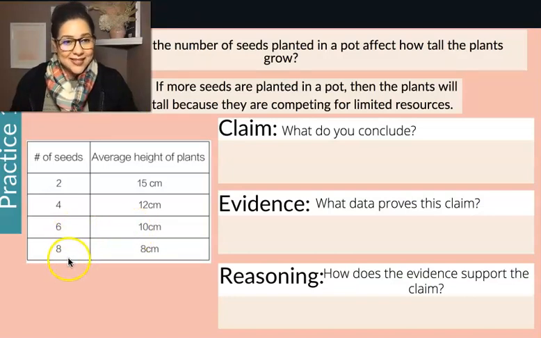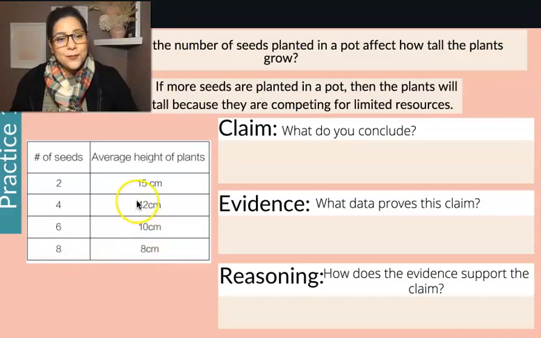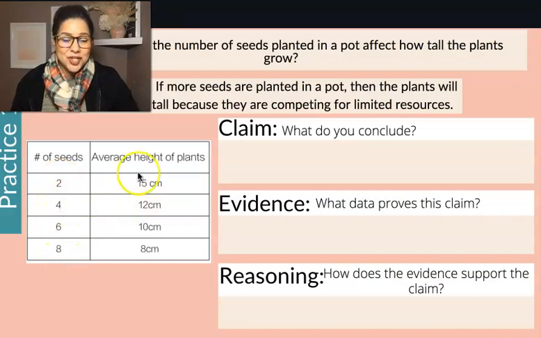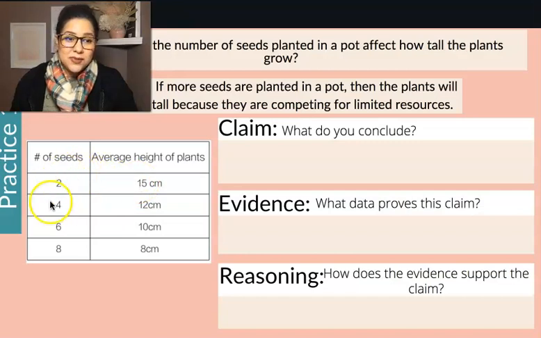And with 8 seeds, the average height was 8 centimeters. So pretty much as the number of seeds increased, the average height decreased. So your evidence could be that with 2 seeds, the average height was 15 centimeters. But when you planted 8 seeds, the average height decreased to 8 centimeters.